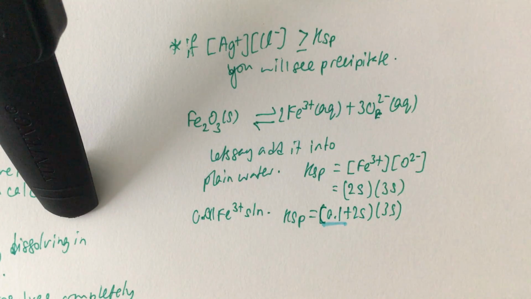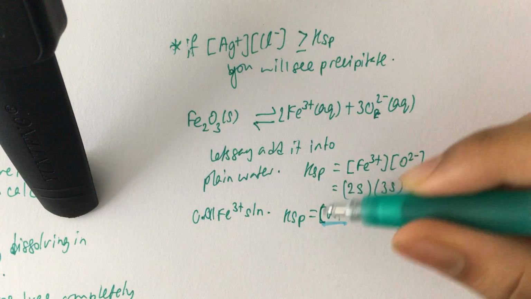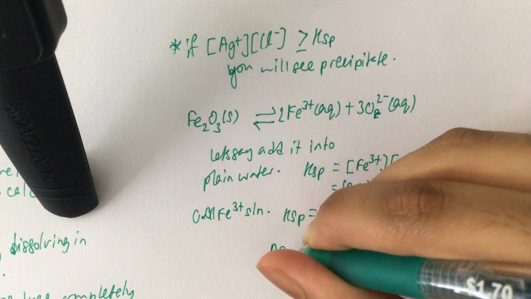So let's say you have iron oxide becoming iron 3 plus and O2 minus ions, and then you decide to add a bunch of iron 3 plus ions to the solution. Oh my, that's a tongue twister in itself. Anyways, if you do that, there's too much of the ions on one side, and it messes up the equilibrium.